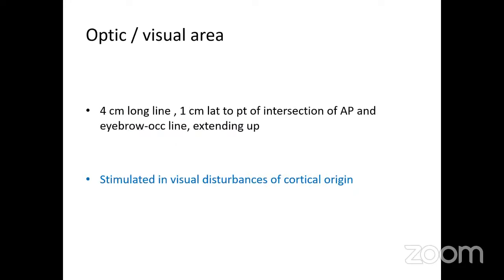The visual area is a 4 centimeter line, 1 centimeter lateral to the midpoint of the two occipital protuberances, where the AP line is intersecting the eyebrow occipital line. It is extending up, and is used for all visual disturbances, particularly of cortical origin. So, eye problems.